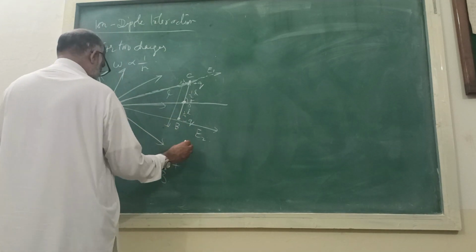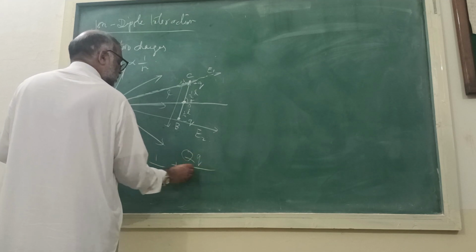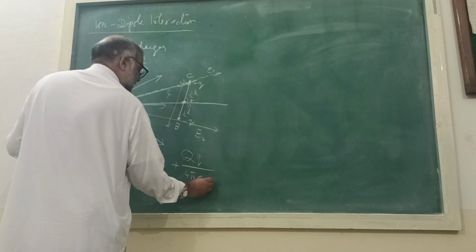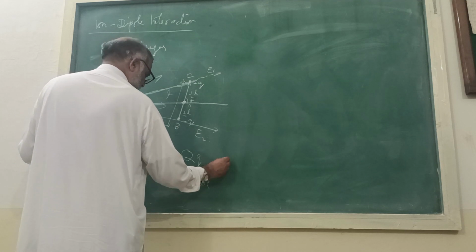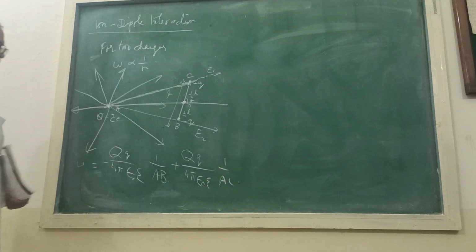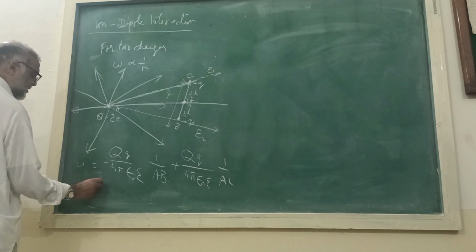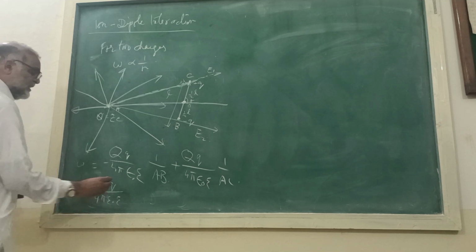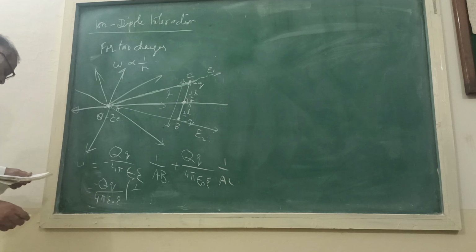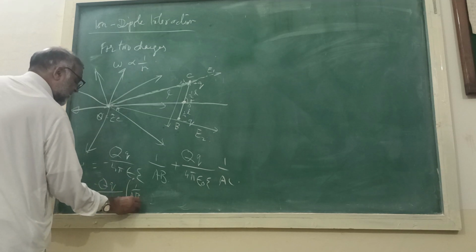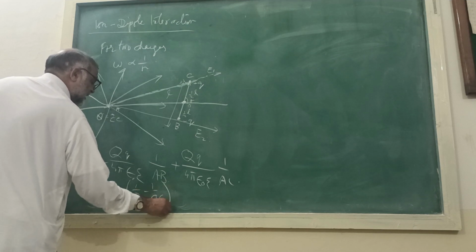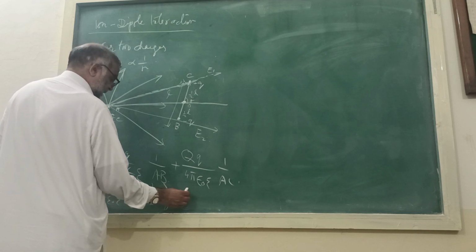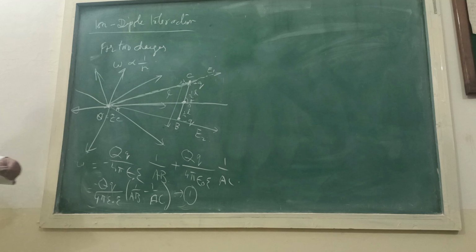So here it will be Q, again Q, over 4 pi epsilon naught epsilon r, times 1 over AB minus 1 over AC. So this is the interaction energy of a charge and a molecule.